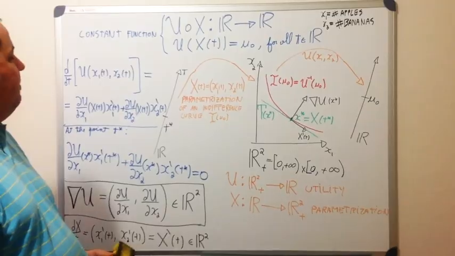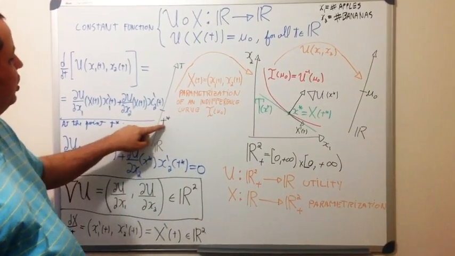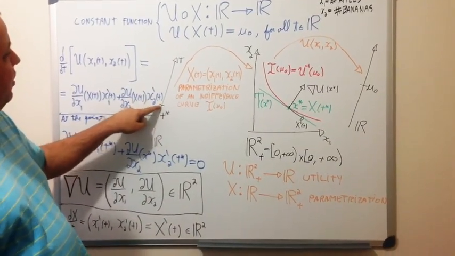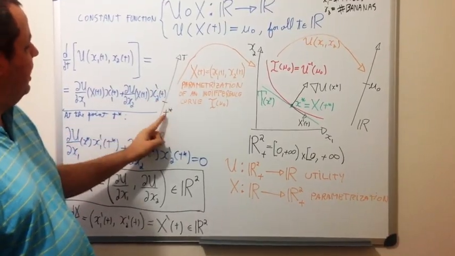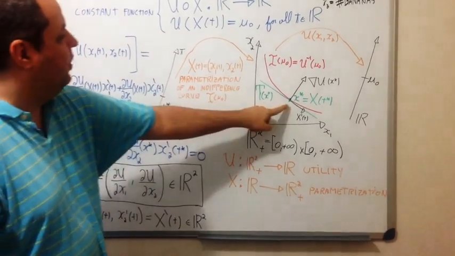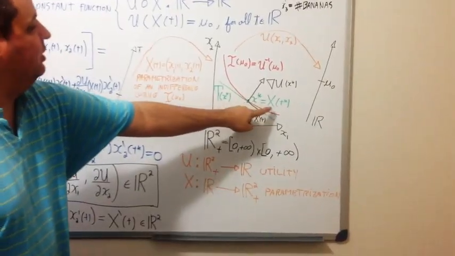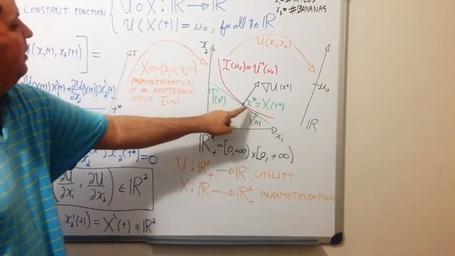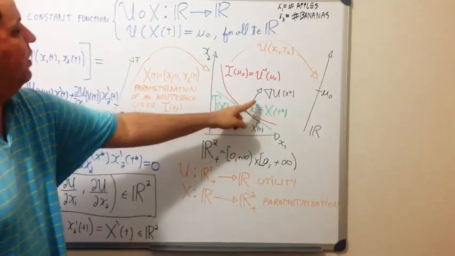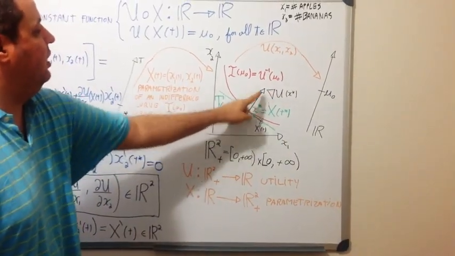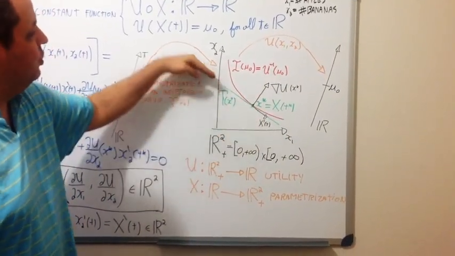Okay? So in the picture here we have a special point which I call t star. When you apply the parametrization at this point t star, we arrive at this point x star, capital X of t star, and we compute the gradient at this point x star. It's going to be orthogonal to the tangent plane.